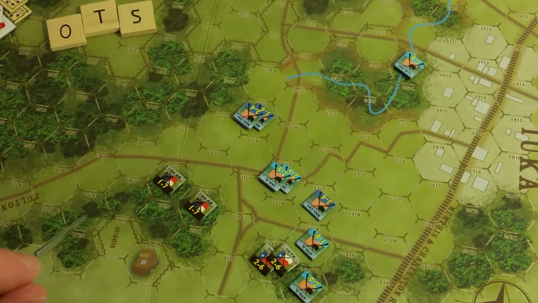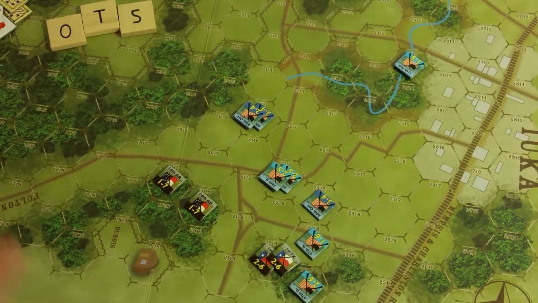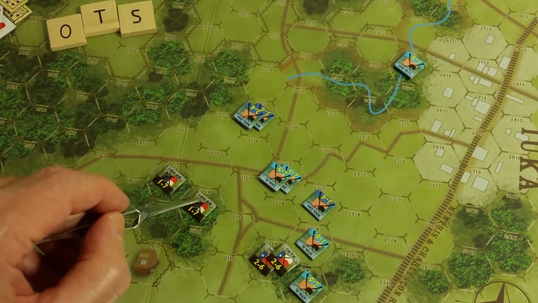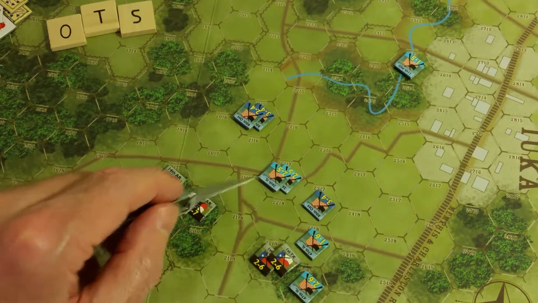This gives them defensive advantages as well as extending their MFZ, the minimum fire zone, from 1 to 2 hexes. So these guys have an MFZ of 2 hexes.